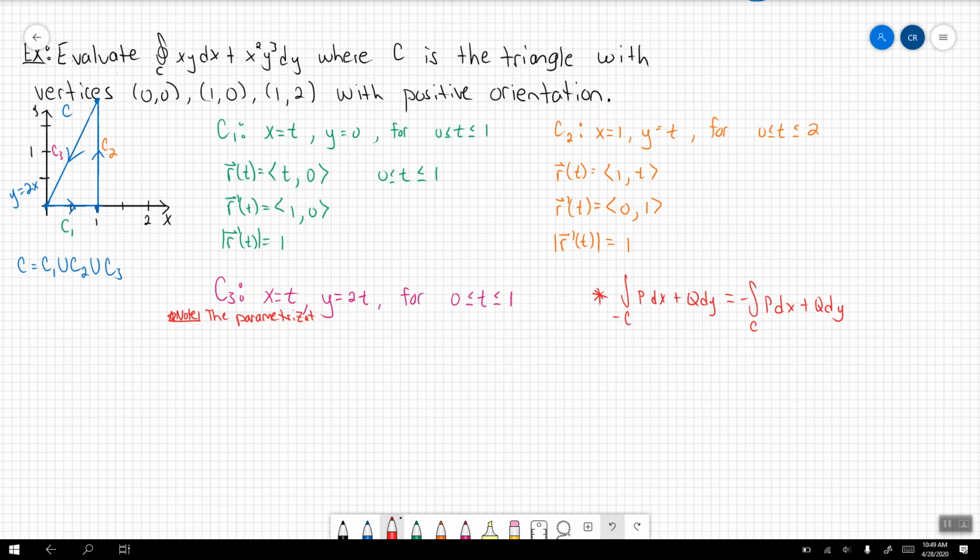Let's actually clean this up a little bit better. I don't like the way this is looking.